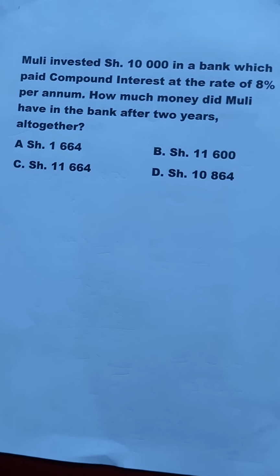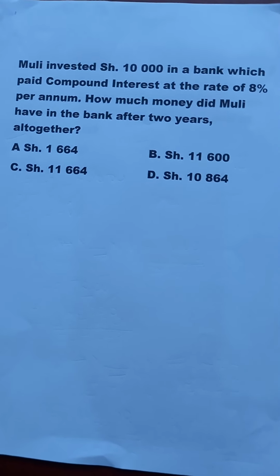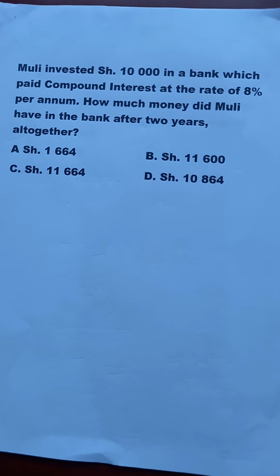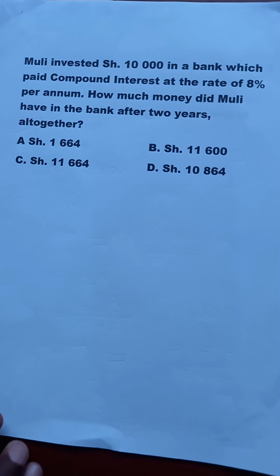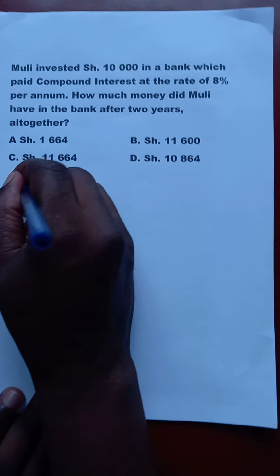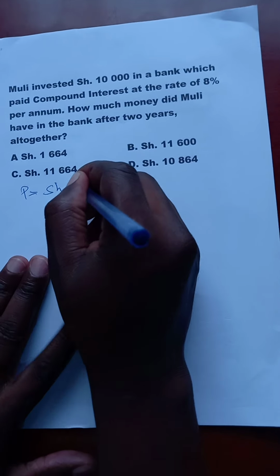The next question reads, Muli invested shillings 10,000 in a bank which paid compound interest at the rate of 8% per annum. How much did Muli have in the bank after 2 years altogether? Learners, this question is similar. Principal remains shillings 10,000.